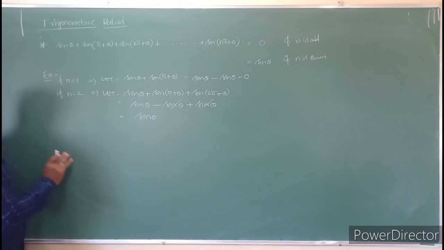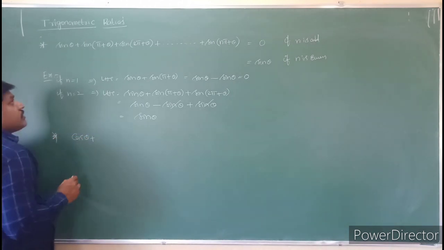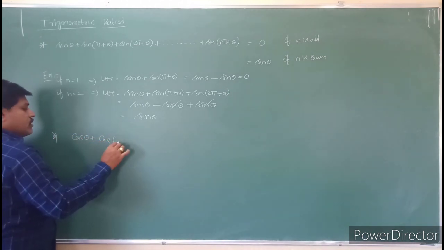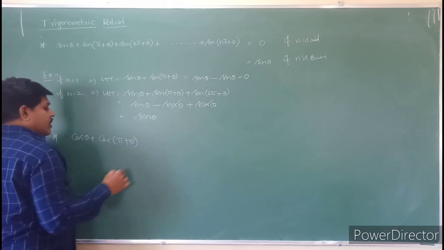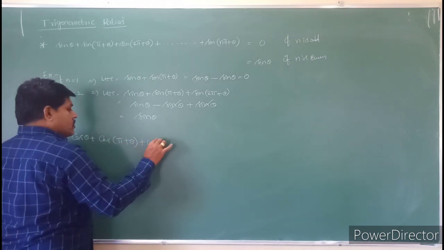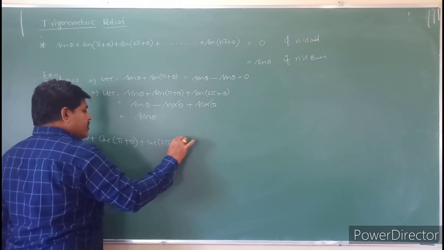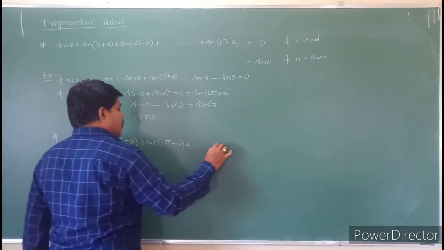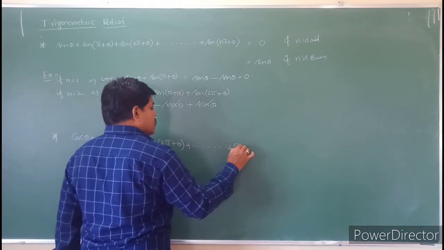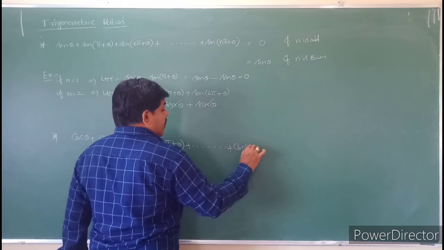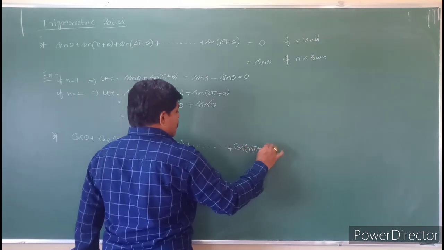So similarly, I will give you one more formula here. That meaning is the same for cos also. Cos theta plus cos pi plus theta plus cos of 2 pi plus theta and so on, up to cos of n pi plus theta.